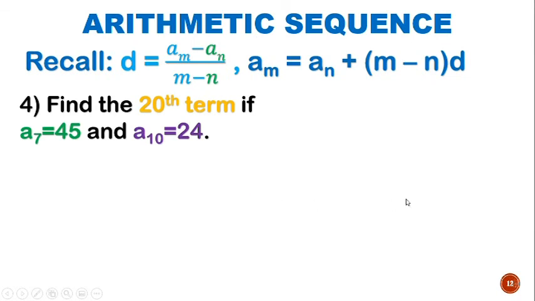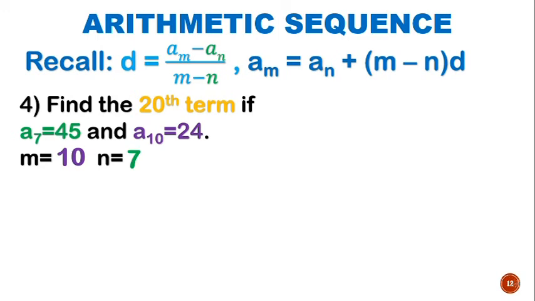Okay, last. What if you're given, find the 20th term if, okay, again, identify which is A sub M, which is A sub N. M should be greater than N. So what's the value of M? What's the value of N? M should be, okay, 10. What about N? Okay, 7.